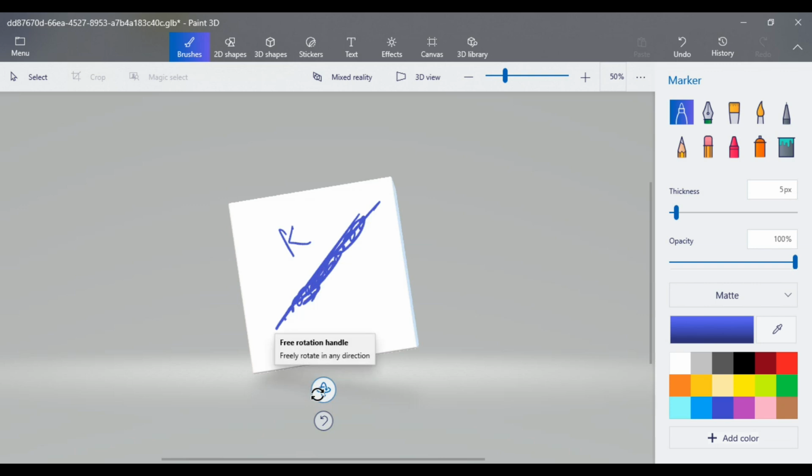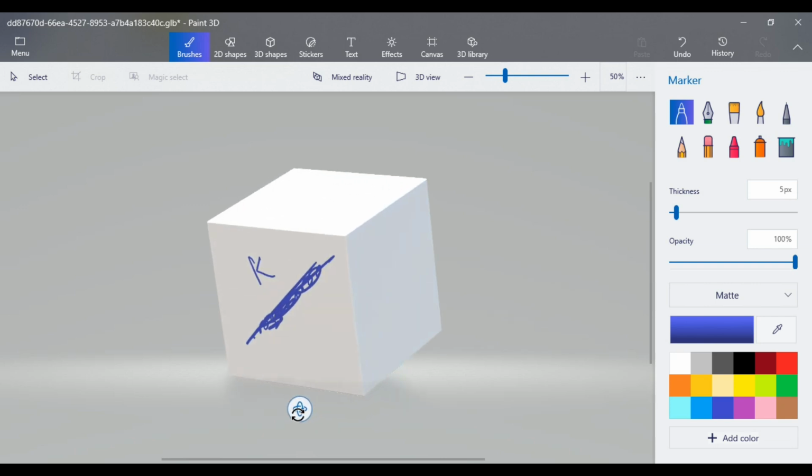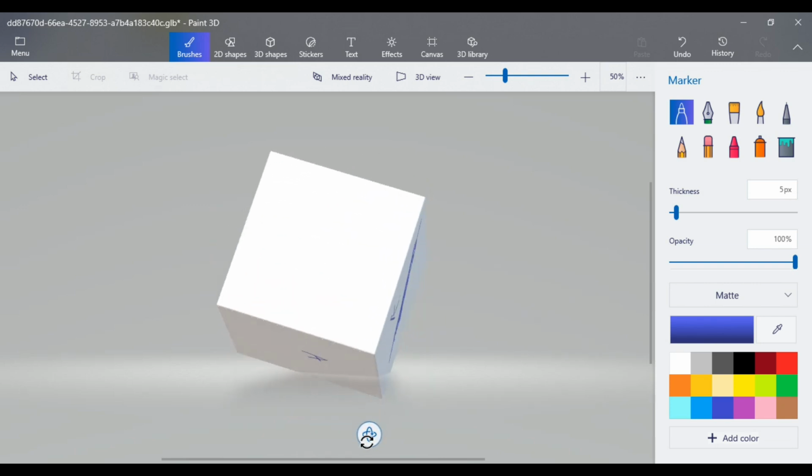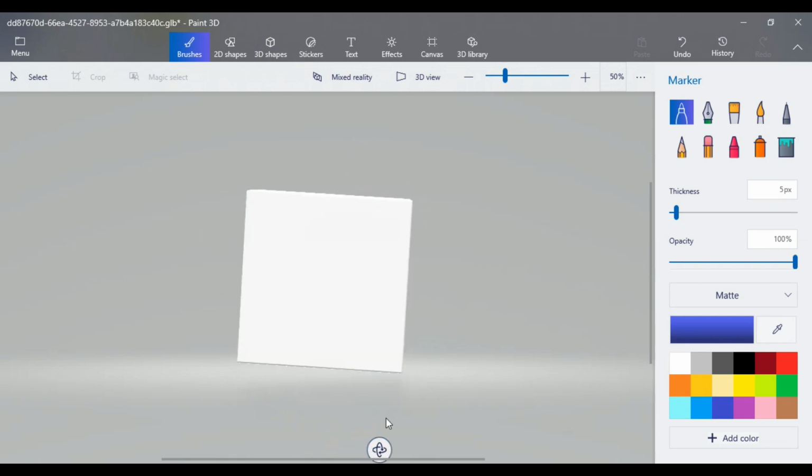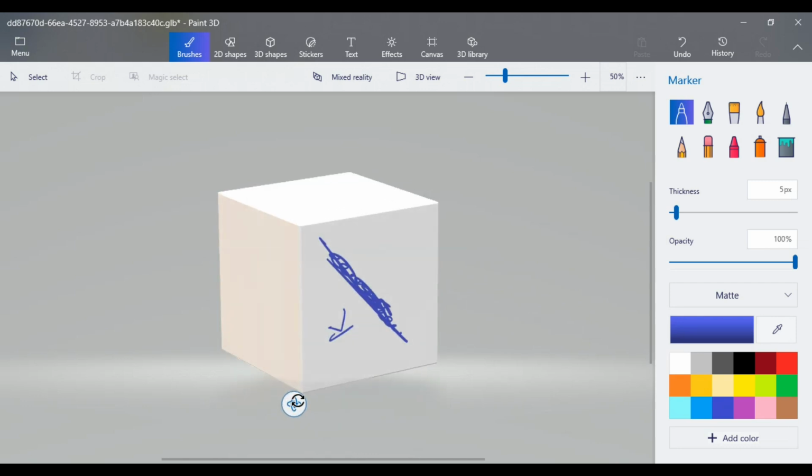The second image, K is like this. Okay, K is here, M and H. In the third image, again they are rotating it like this.